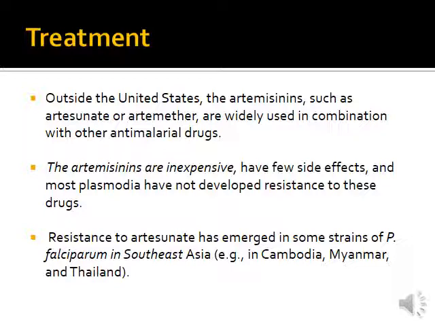The artemisinins are inexpensive, have few side effects, and most plasmodia have not developed resistance to these drugs. Resistance to artesunate has emerged in some strains of Plasmodium falciparum in Southeast Asia, like Cambodia, Myanmar and Thailand.